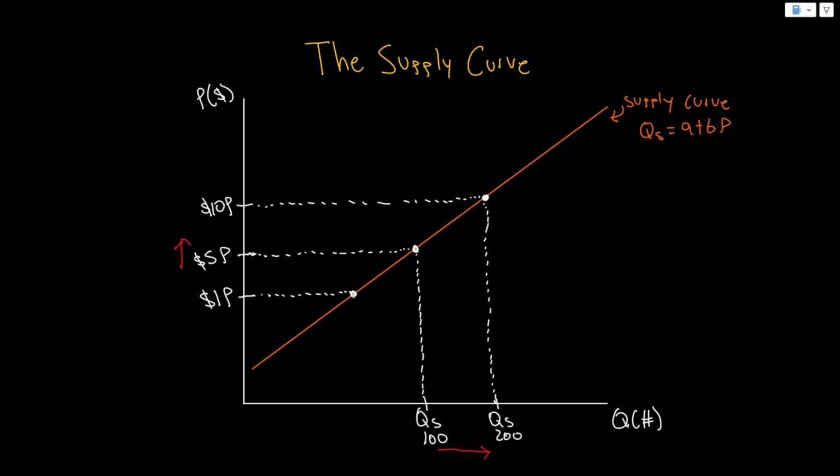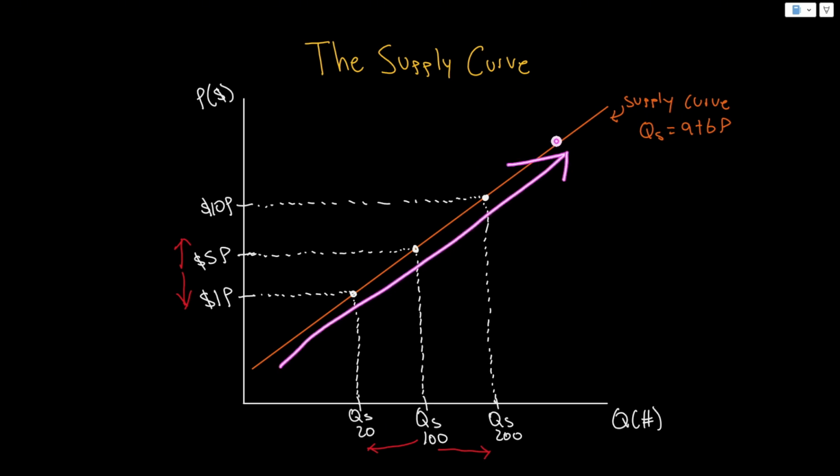We draw it back down and find our quantity of supply, and let's say this one is only 20. So you can see when our prices go downwards, our quantity goes down. And this is pretty much the law of supply. You can also see that the supply curve slopes upwards.